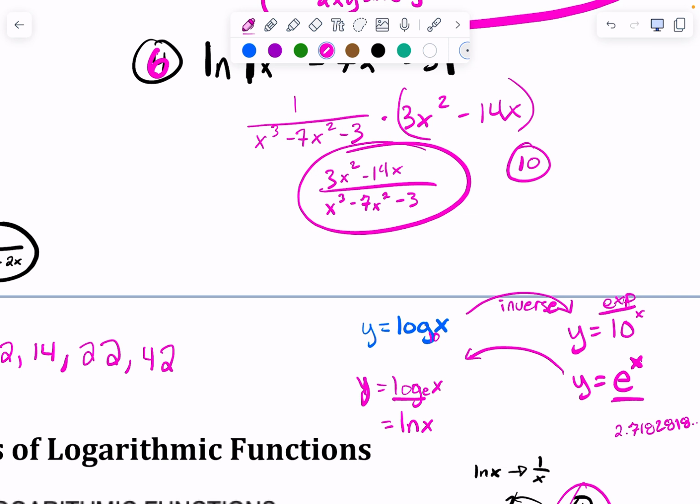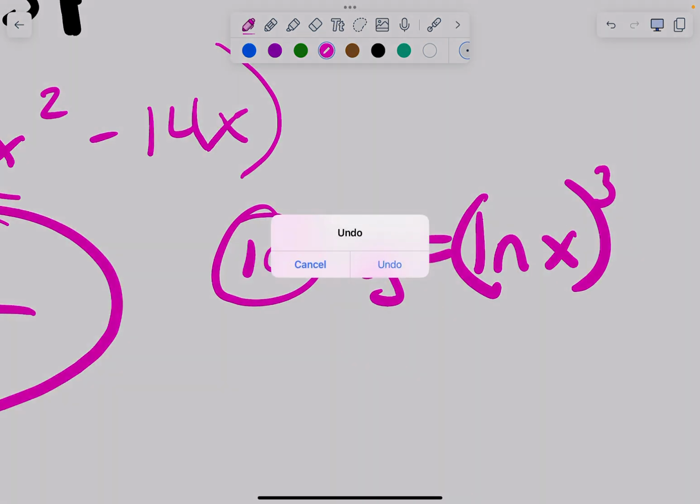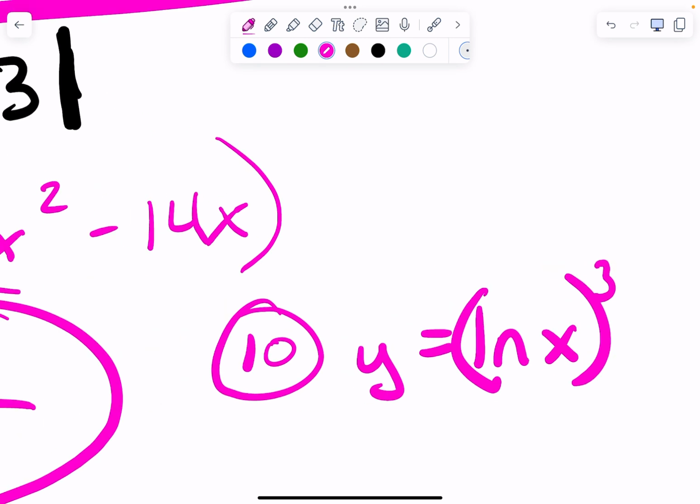This ln of x cubed is not the same thing as ln of x cubed with just the x cubed. You're cubing the whole ln of x.